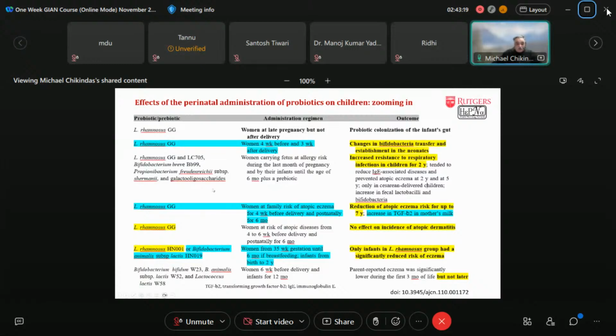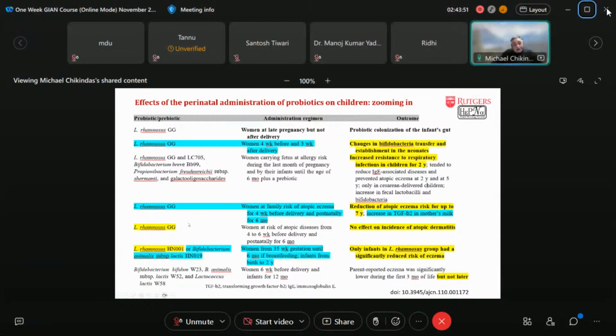LGG 4 weeks before, 6 months after delivery, reduction of atopic eczema risk, and this is one of these cases. I cannot stop smiling because I think it's almost like a miracle. These children were followed for up to 7 years, and there was no high risk, much lower than in the control group, which is absolutely amazing.